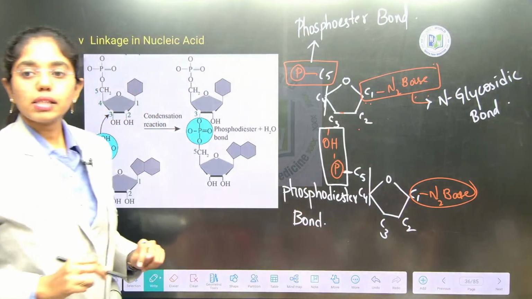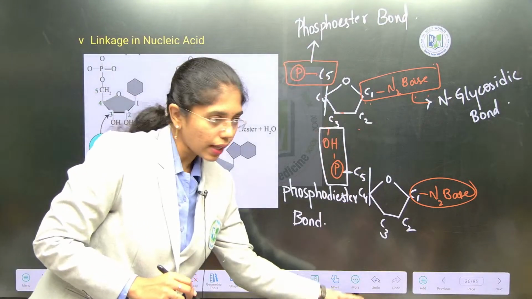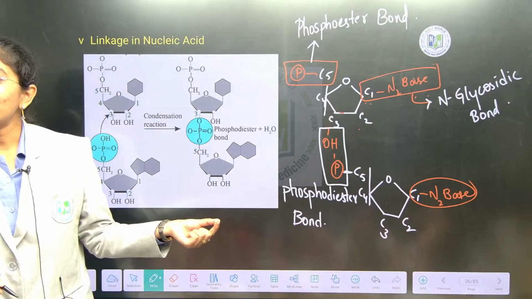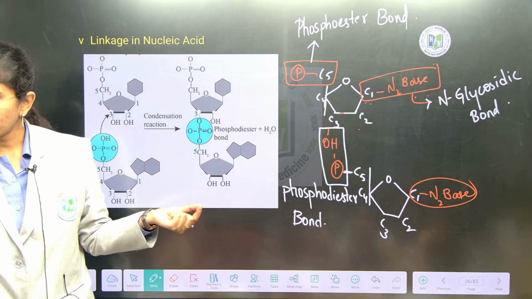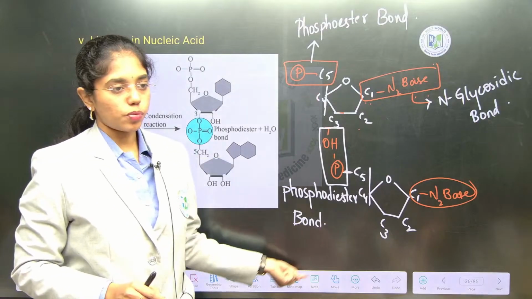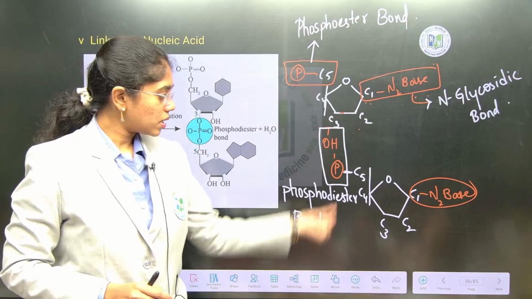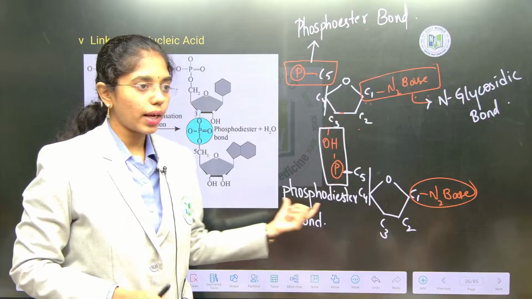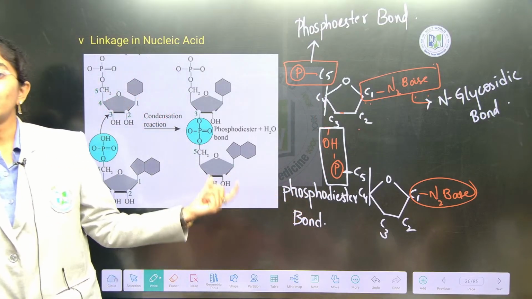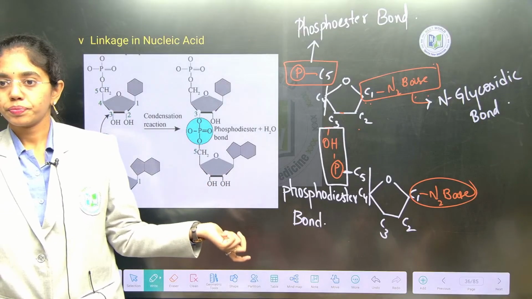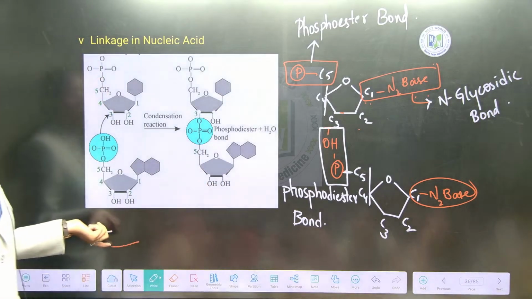This is how a single nucleotide chain is formed. You will say single stranded DNA, single stranded RNA; that single stranded RNA is formed by these bonds. Two nucleotides are connected by what bond? Phosphodiester bond. Fine, right? This forms the phosphodiester bond.